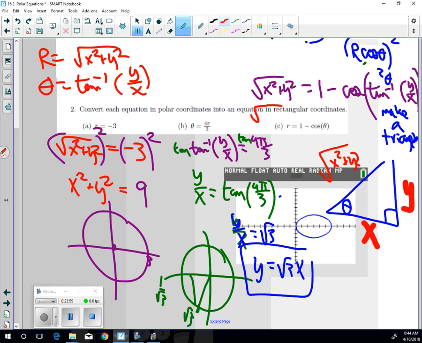So you have the square root of x squared plus y squared is equal to 1 minus cosine x over square root of x squared plus y squared. Did I go too fast on that? Okay, cosine of this triangle. We made the triangle here. Then we took the cosine, adjacent over hypotenuse.